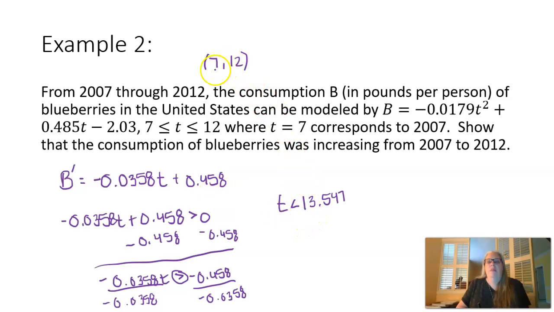Okay, now remember our interval went from 7 to 12. And as long as my numbers are less than 13 and a half, this is going to be positive.